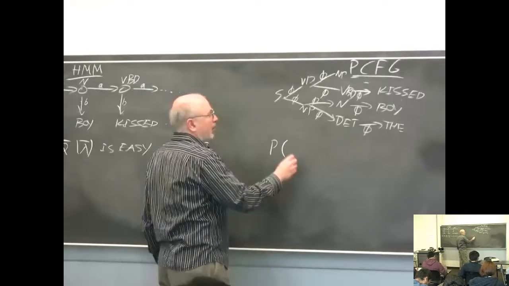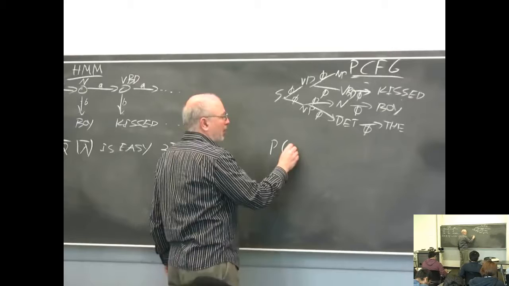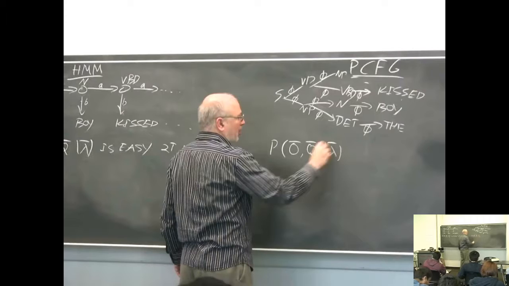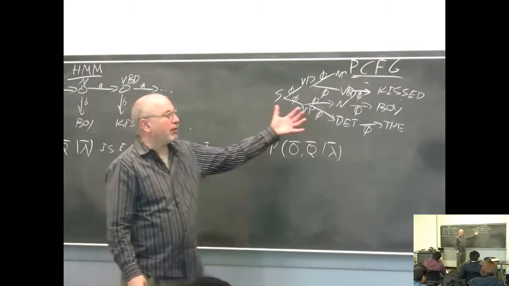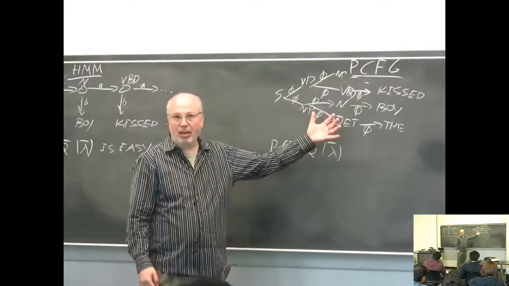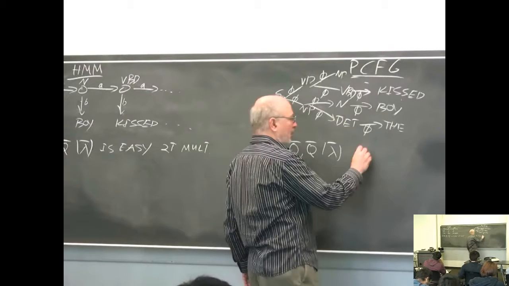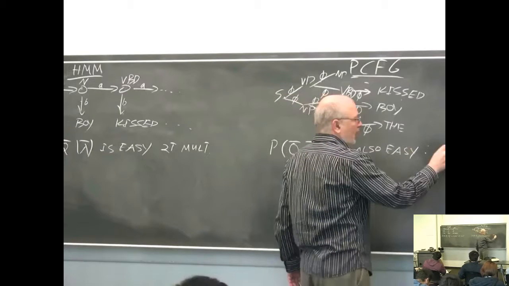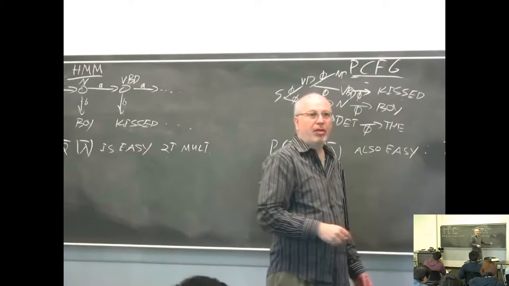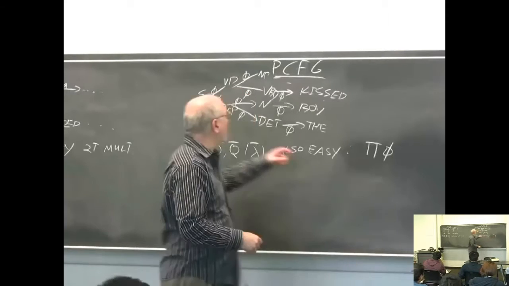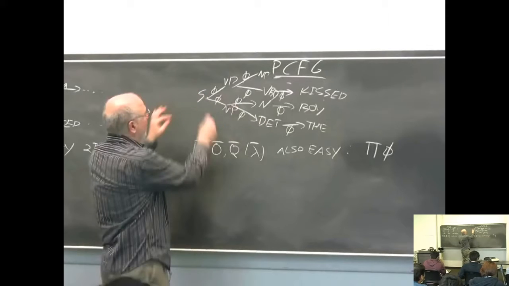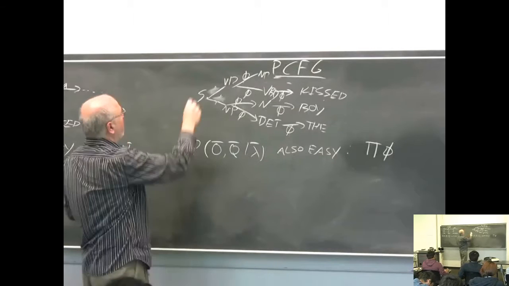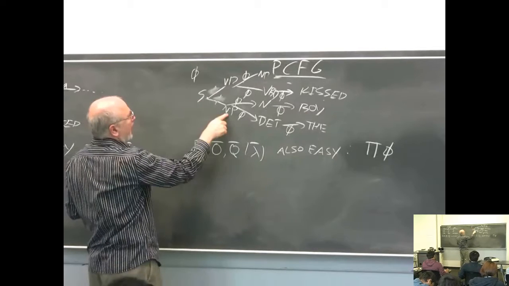With the probability of the full derivation. So I'll call it also O and Q, given the model. That means if you're given the fully annotated tree, and it's also easy. It's just a product of all the appropriate phis. I put them on the arrows, but they shouldn't be. There's a particular phi that corresponds to S becoming NP-VP.